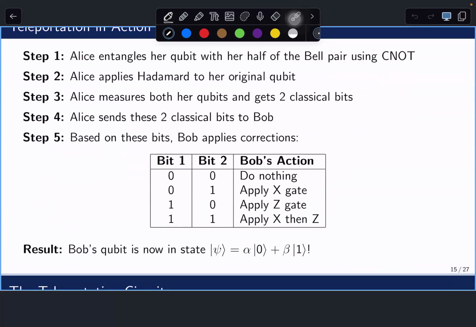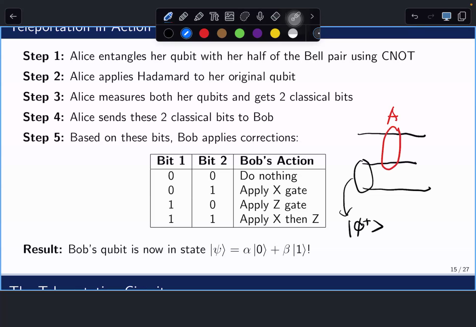So I can draw it here on the screen. For instance, we have three qubits, and these last two are already in entanglement. For example, we have this state. Alice will have access to the first two, and Bob will have access to the last one.